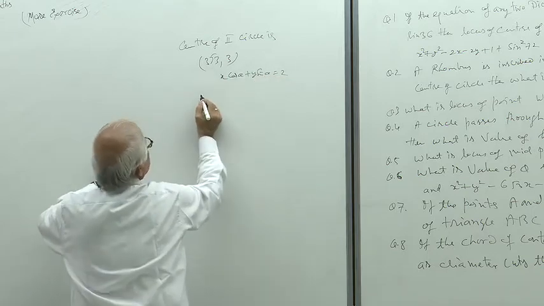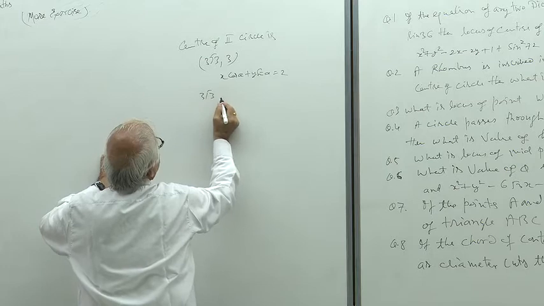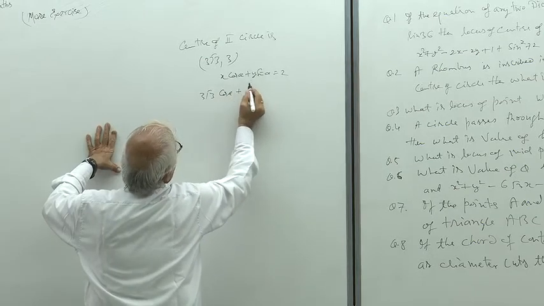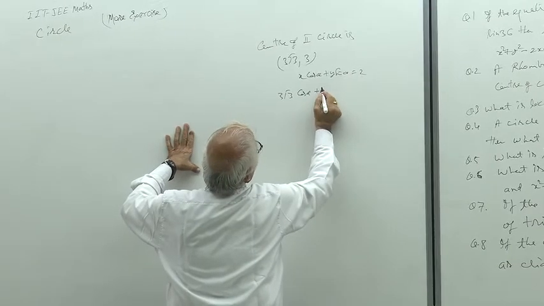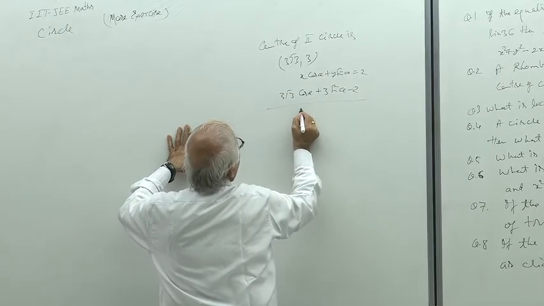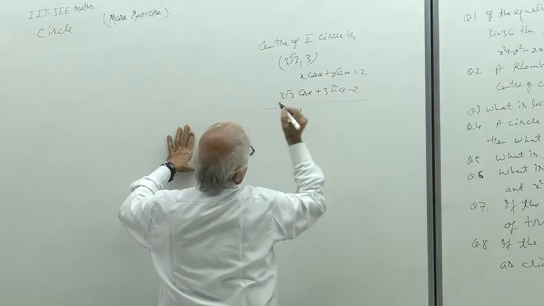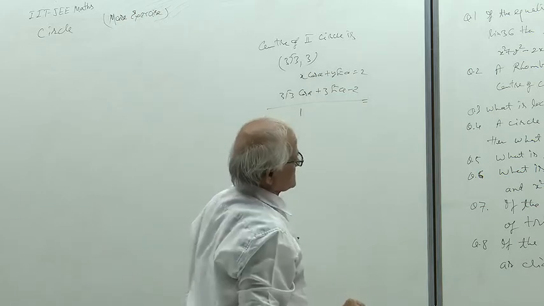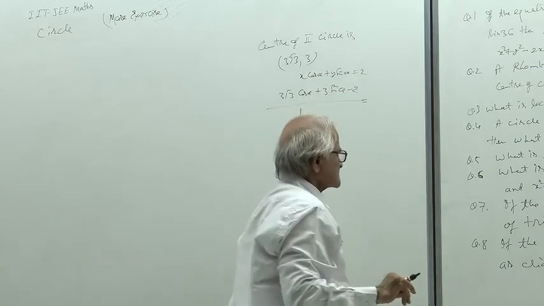Now put this in: root 3 cos theta plus 3 sin theta minus 2, equal to what? The coefficient is 1. This is equal to the radius. What is the radius now?